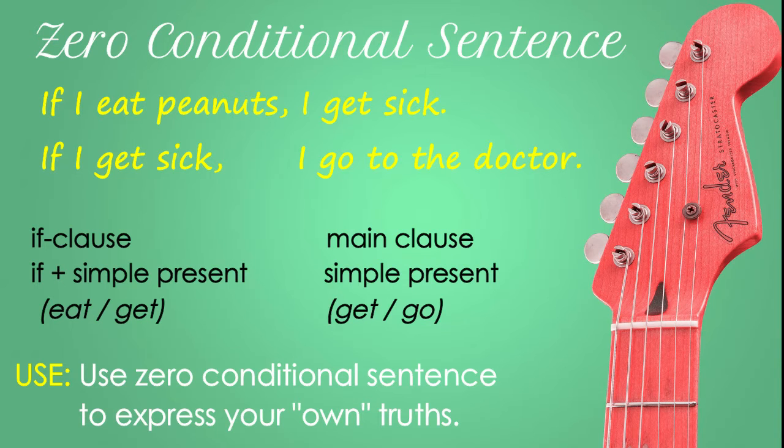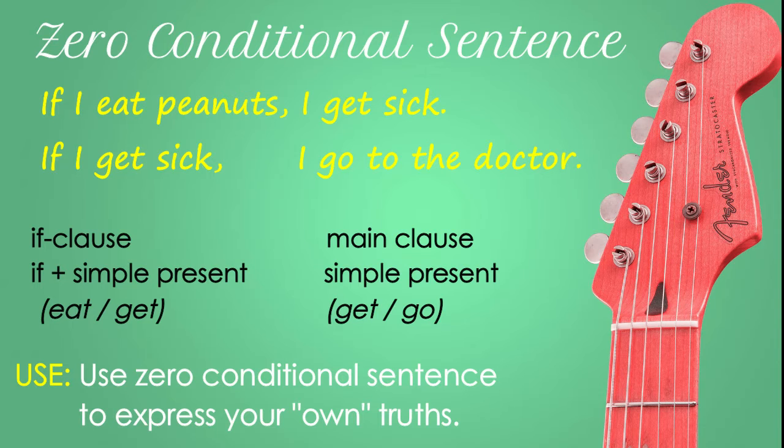Example number two, if I get sick, I go to the doctor. Not everyone goes to the doctor if they get sick, but this is true for me. So you have to use zero conditional sentence to express your own truths.